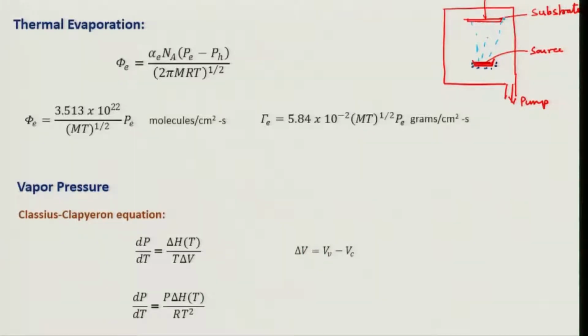When you heat this source, we need to know how fast we can deposit this film, how uniform we can deposit this film, what is my rate of evaporation. So, to calculate all that we need to know how fast my source is going into vapor phase. So, this is an expression here for thermal flux of evaporation.